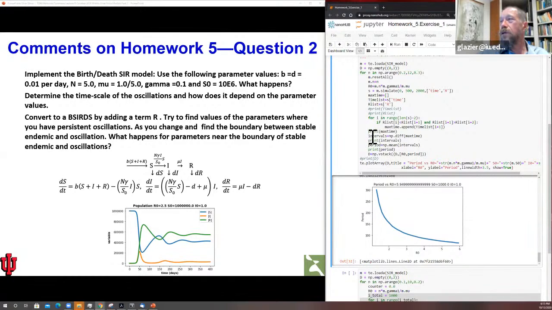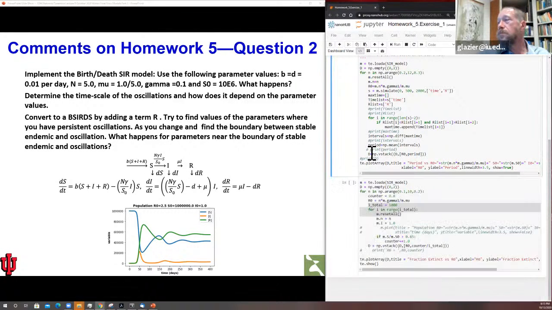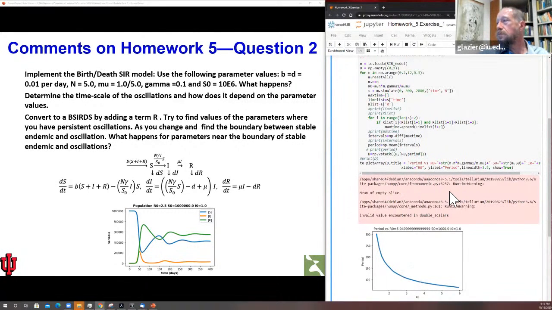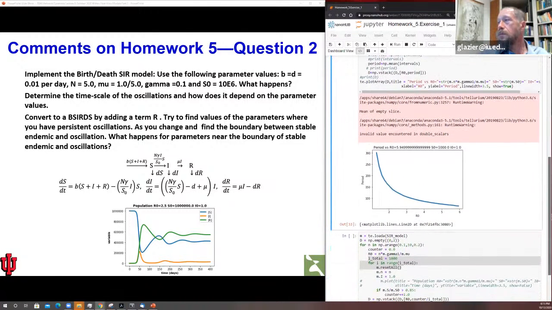And let me not print all this stuff, which is not very informative at this point. So this is what I asked for. This was, how does the period change as a function of the parameter?